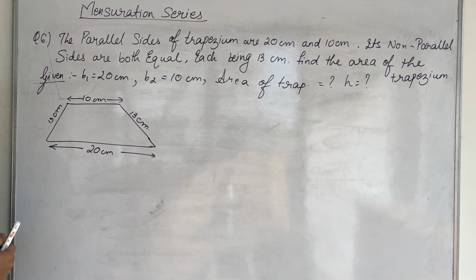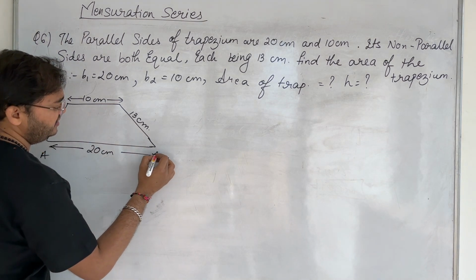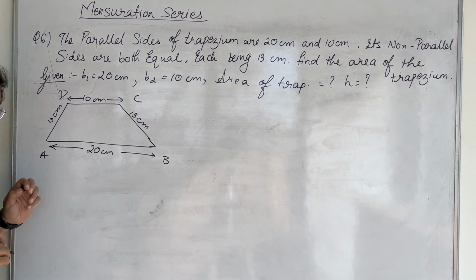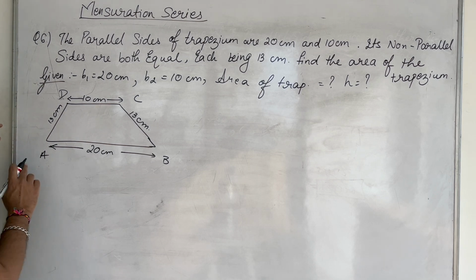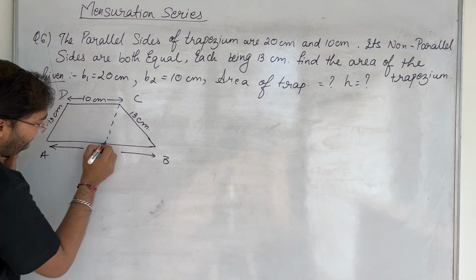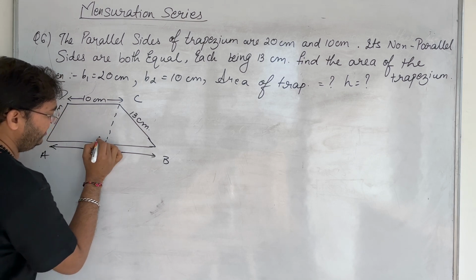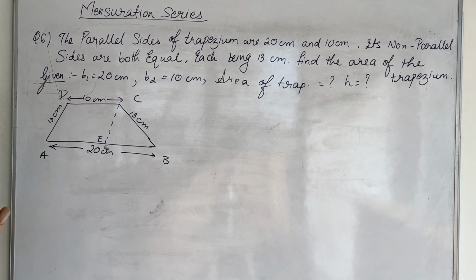See, this is the figure. Let us name the vertices A, B, C and D. If I draw a line parallel to AD, then where am I going to draw it? This is my AD. If I want to draw the parallel side, I need to draw this slant line, which I'll name E. So I have drawn a line parallel to AD, that is CE.